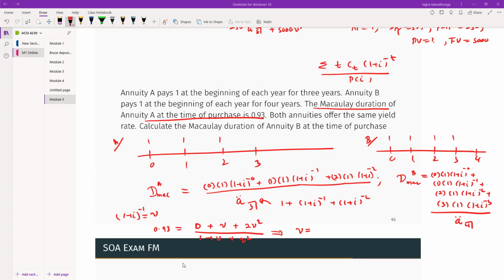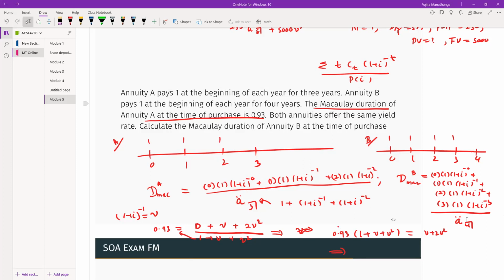using the quadratic formula. So basically you cross multiply and you would get 0.93 times (1 plus V plus V squared) equals V plus 2V squared.